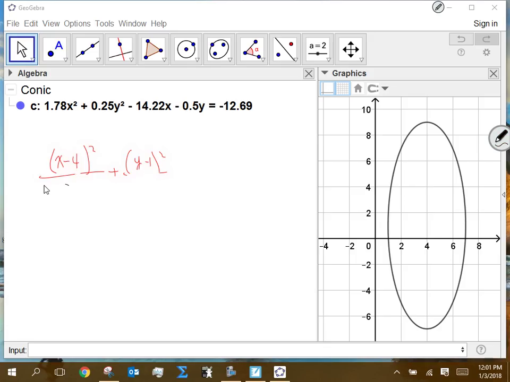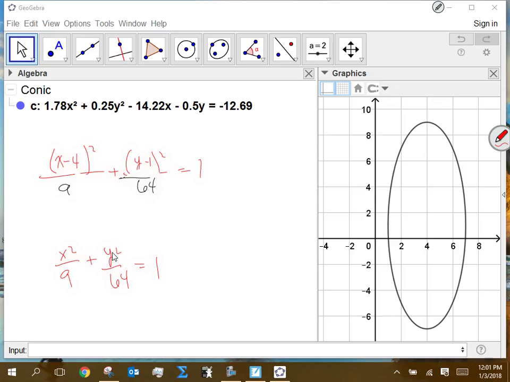That's a 9, and this was a 64. So those are just coming straight from what we started with, equals 1. What we started with, I should write that down, x squared over 9 plus y squared over 64 is equal to 1. That is the original that we started with.